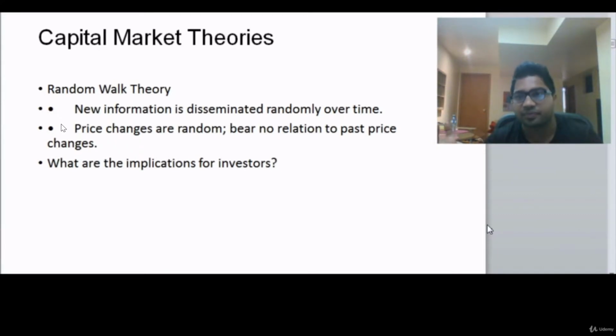Future is random. The possibility of moving up, moving down, or remaining at the same level is 1/3 for each of these. So movements are completely random. Stocks do not move in trends. New information is disseminated randomly over time. Hence, the price changes are random and they bear no relation to past price changes.